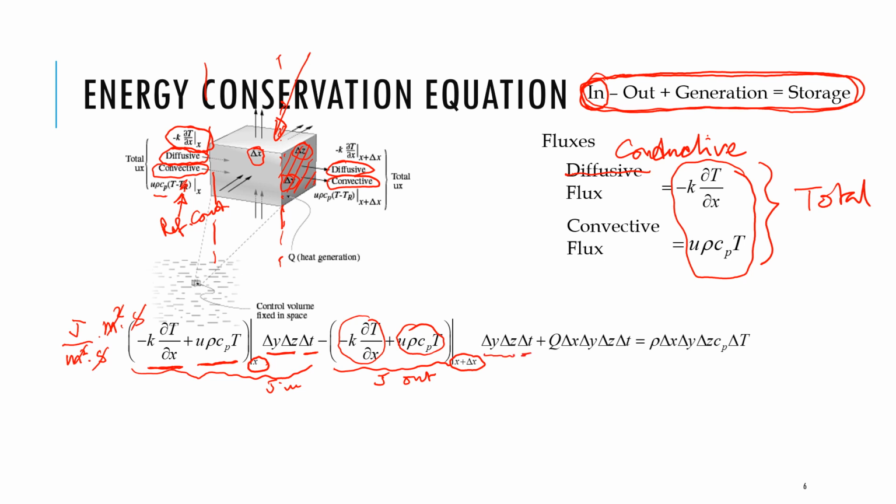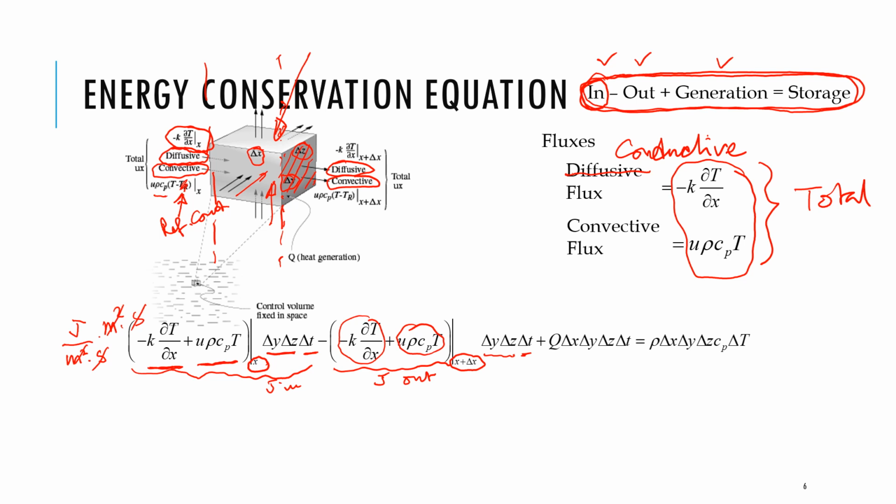Now, energy would be going in and out through other faces as well, this one and this one, but we are doing a 1D balance, just to keep our life easy, and also more importantly, so we can interpret those terms more easily. So we're doing a 1D case. So we did in, out.